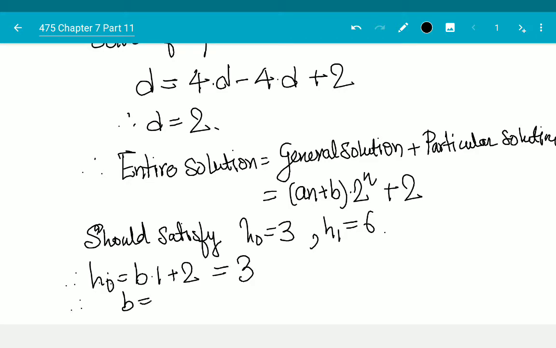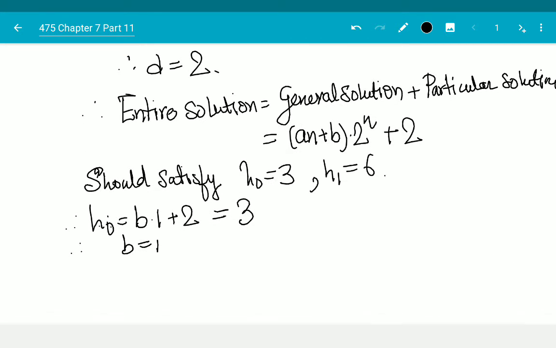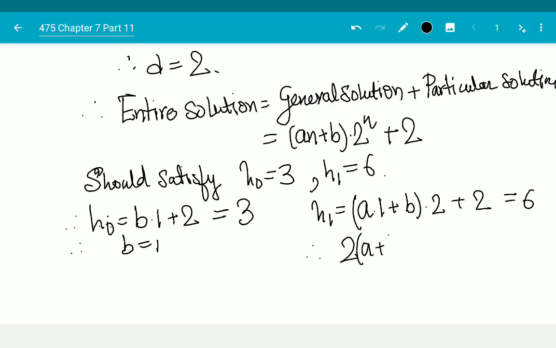Therefore, b is equal to 1. And I get h of 1 is equal to a times 1 plus b times 2 plus 2 is equal to 6. Therefore, 2a plus b plus 2 is equal to 6. Therefore, a plus b is equal to 4.